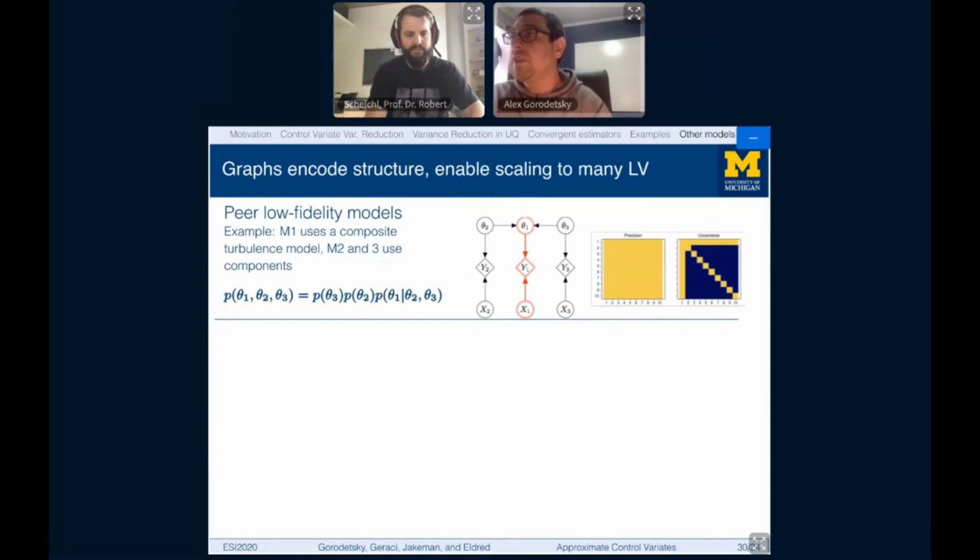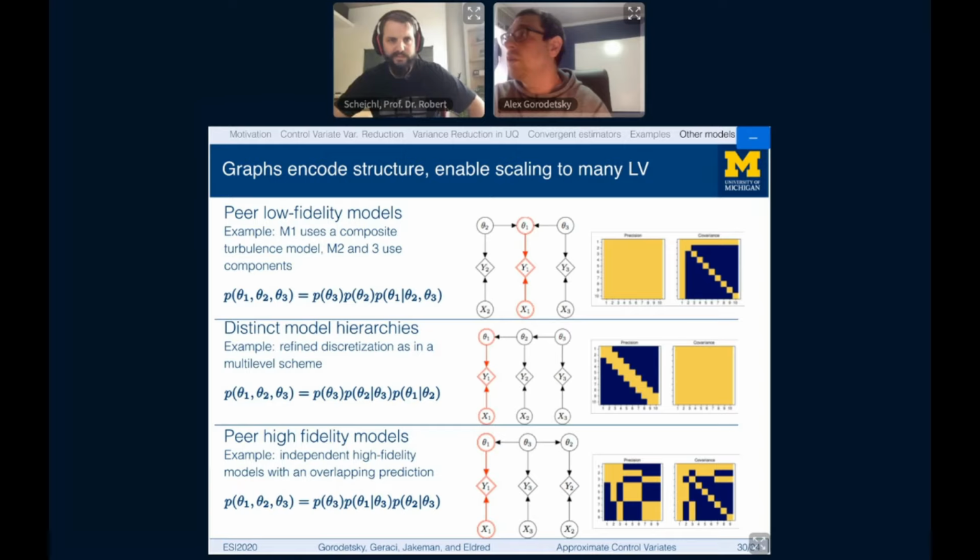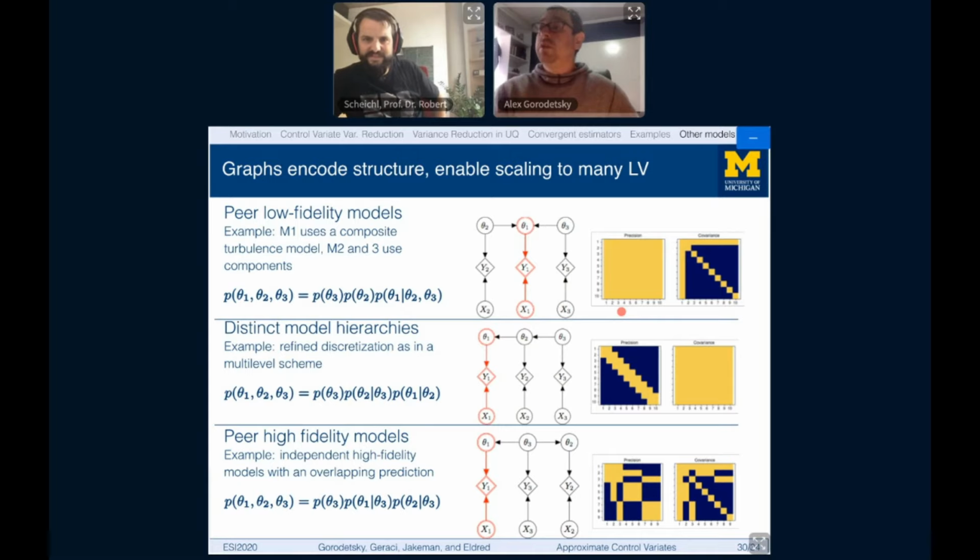So we've investigated this. I want to finish up here and just show, I'll answer any questions because Rob says I have 3 minutes. The idea is that I have different types of models, for instance, pure low fidelity, pure hierarchy, or pure can be modeled, and different covariance matrices can result, leading to different computational efficiency things that we can exploit.